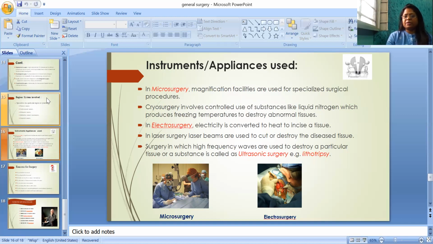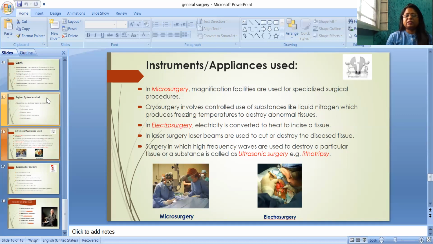You can't operate on cataract, or even glaucoma, without appliances. So these related to the eye come under microsurgery.